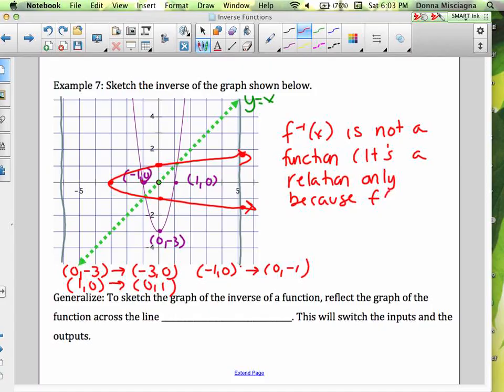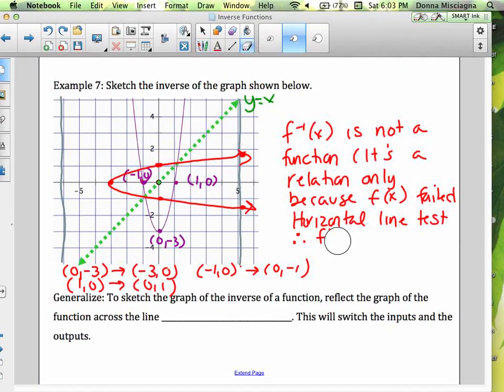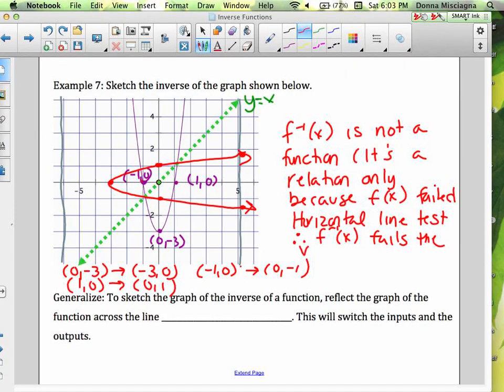Because f of x failed the horizontal line test, and that means f inverse, oops, there we go. What happened to my 1? Good enough. Fails the vertical line test. Right? Because horizontal becomes vertical.